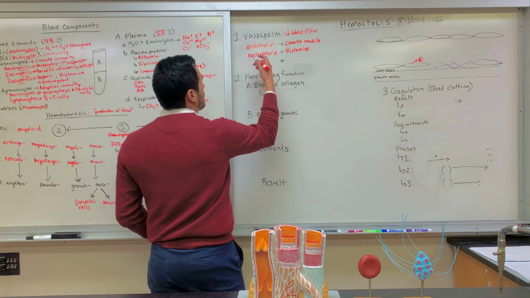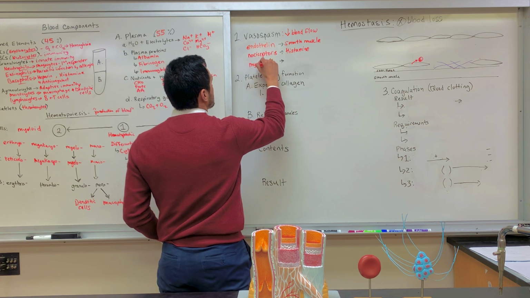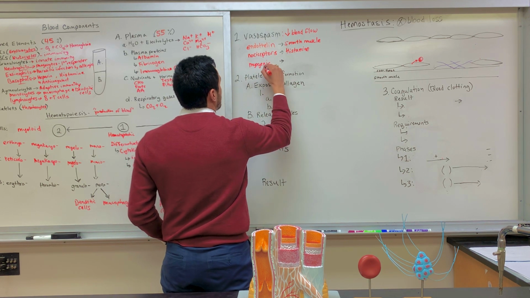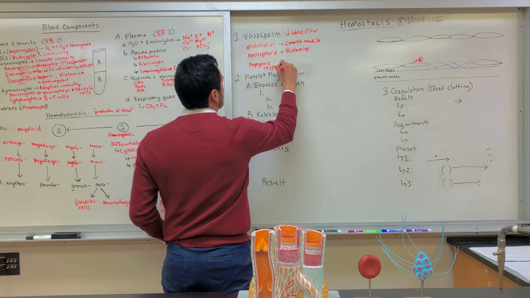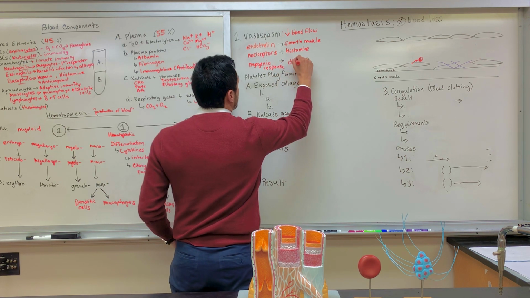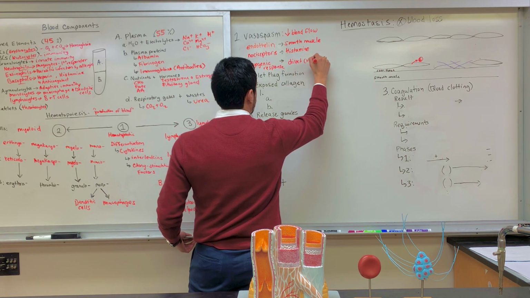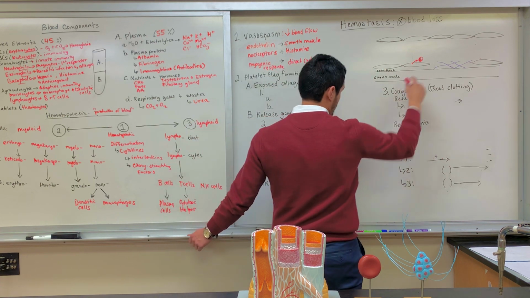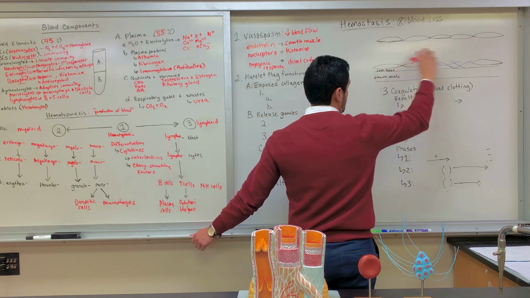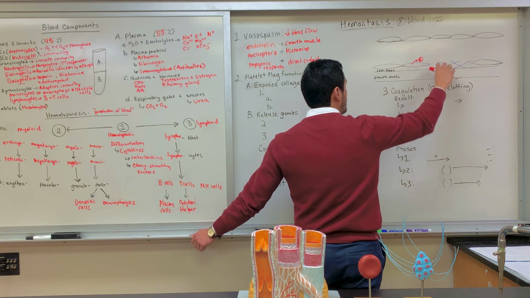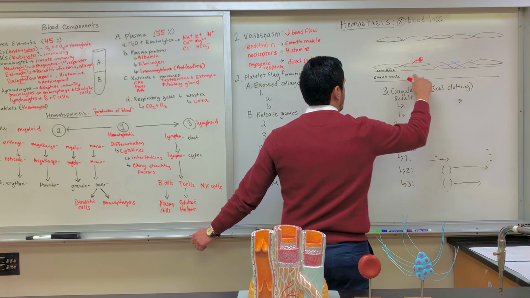Another aspect of vasospasm is called a myogenic response. So this is just due to direct contact or stimulation of this smooth muscle. Remember, once again, blood is flowing out this way, so it's going to activate this smooth muscle.